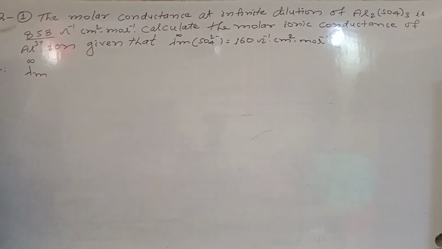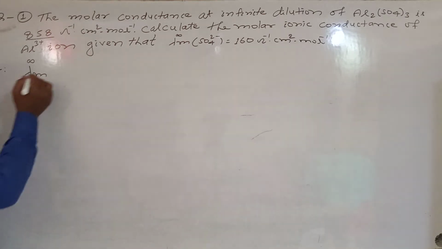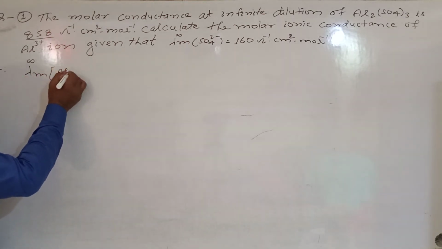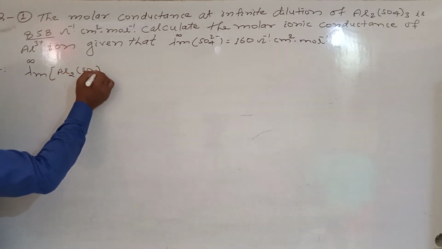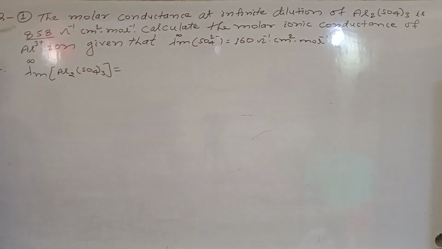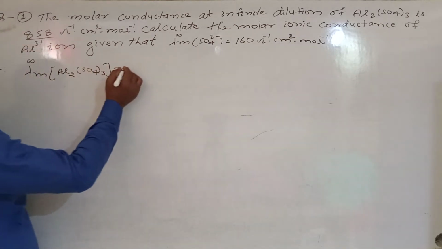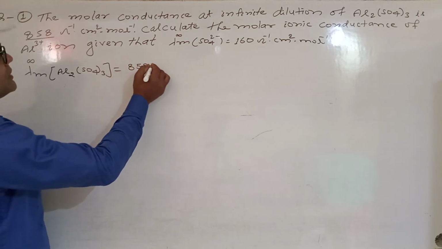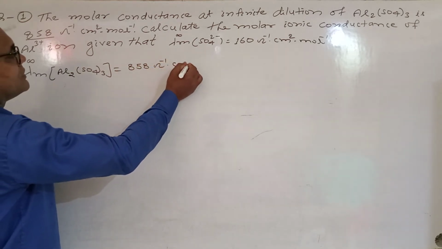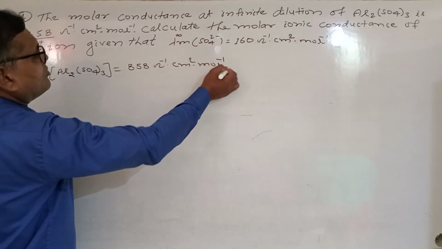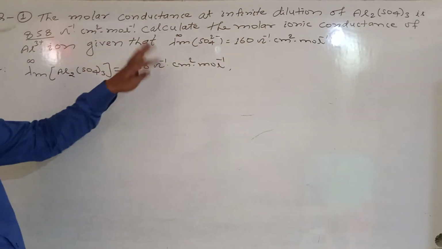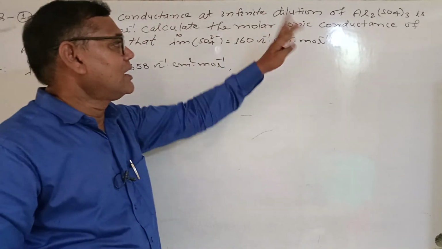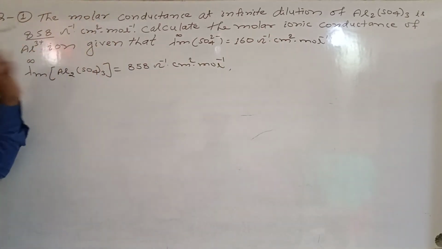Here we write M, which indicates molar conductance, and in brackets aluminum sulfate. The value is 858 ohm inverse cm square mole inverse.